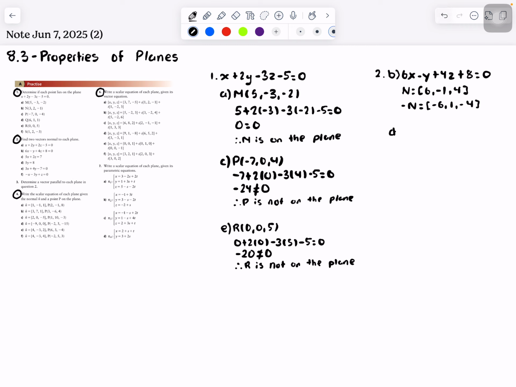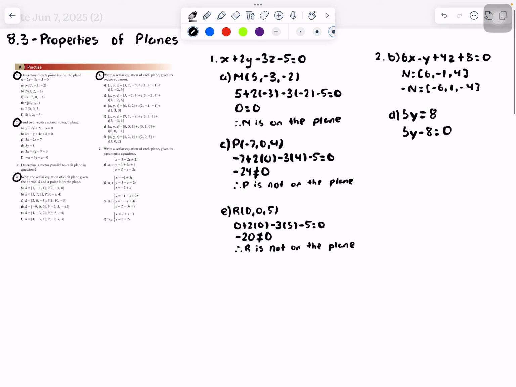Let's do D. D is saying 5y equals 8. I'm just going to put this into its proper scalar equation of the plane form. So that'd be 5y minus 8 equals 0, just so there's no ambiguity of what the scalar equation is. Now we can look at the coefficients. There's nothing in front of the x, so it's 0.